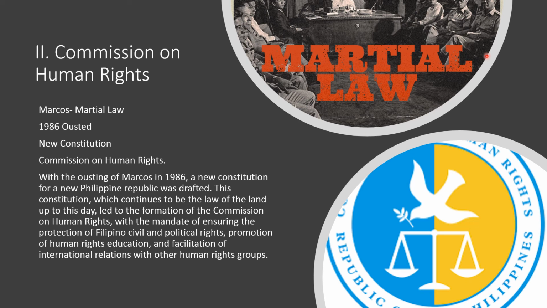Under the new Constitution, we made sure that the Commission on Human Rights would be empowered. The CHR was given the mandate of ensuring the protection of Filipino civil and political rights, promotion of human rights education, and the facilitation of international relations with other human rights groups.